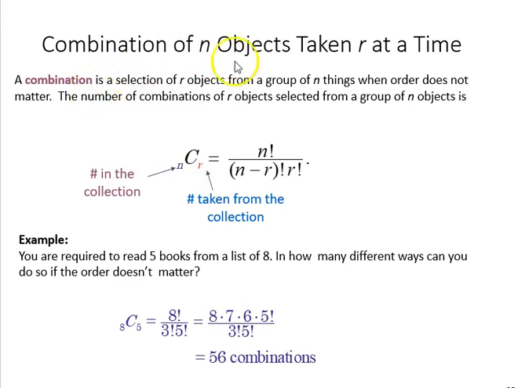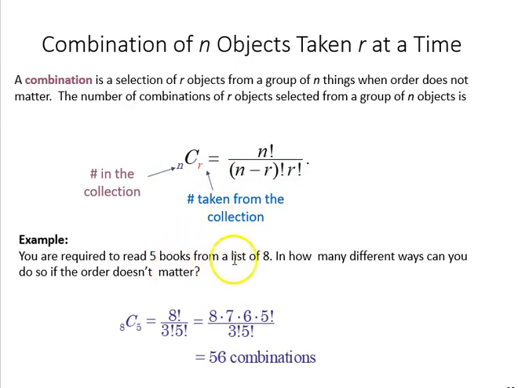And so what we're looking at here is a combination of n objects taken r at a time, and that's expressed here. The C is indicative of the combination rather than the permutation. So the number in the collection is n, and the number taken is r. Here is the formula. We have the total n on top, factorial, divided by n minus r factorial times r factorial. And that's the part that distinguishes this from the permutation equation that we saw before.